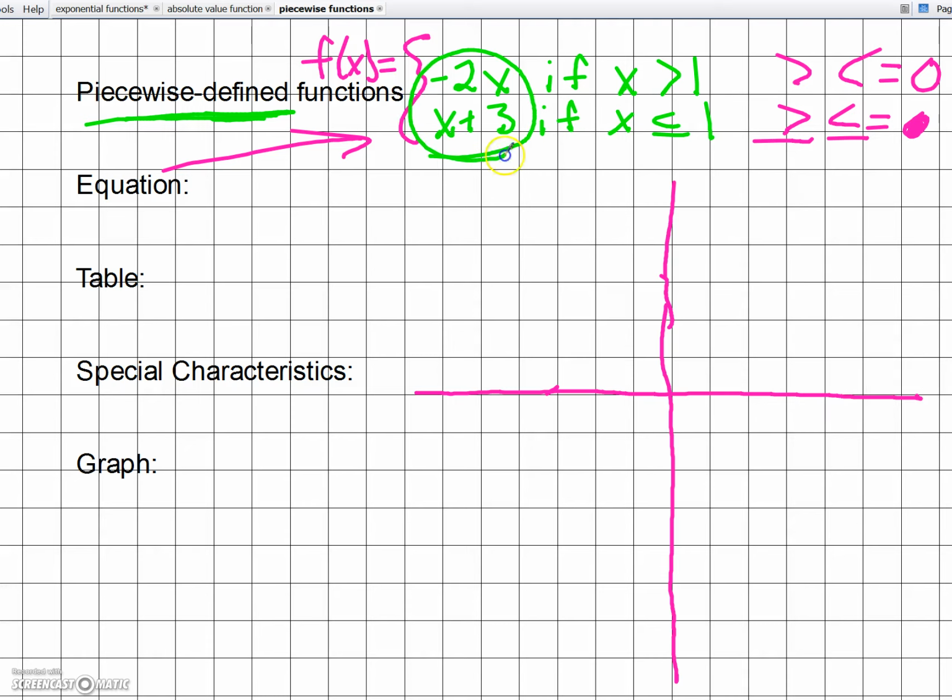Notice that we're going back to linear. So you have two different linear equations graphed on the same plane, but they start in a certain spot, which will make sense in just a second.